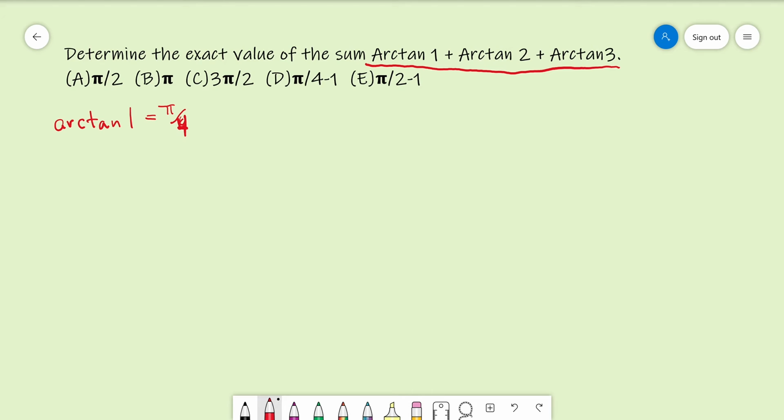Now, arctangent of 2, we don't really have some formula or some easy to remember angle for that. And same goes for arctangent of 3. So let's just call arctangent of 2 alpha, and let's call arctangent of 3 beta.